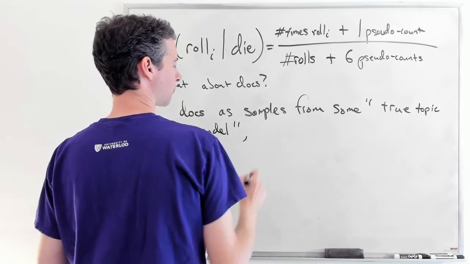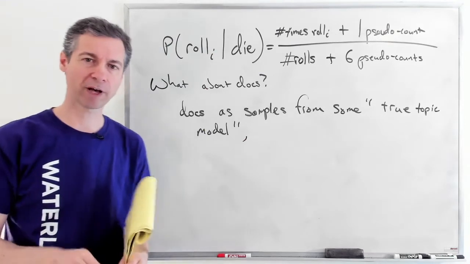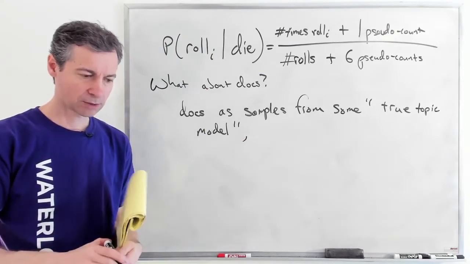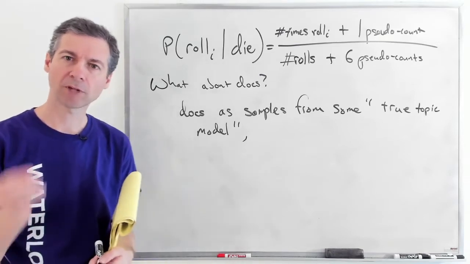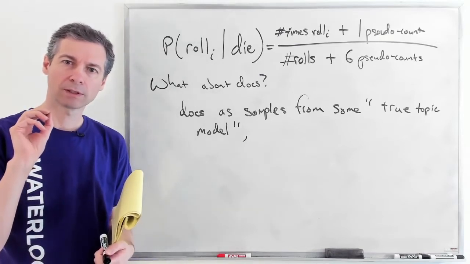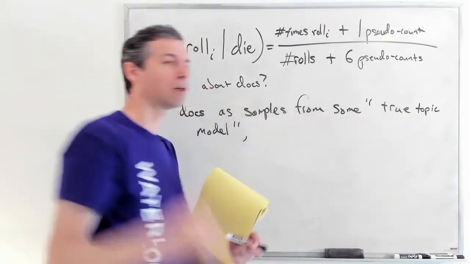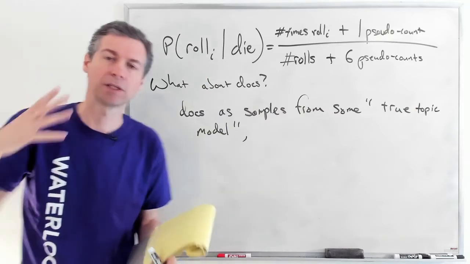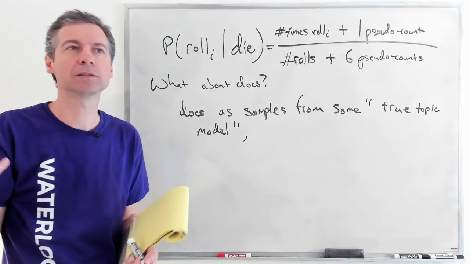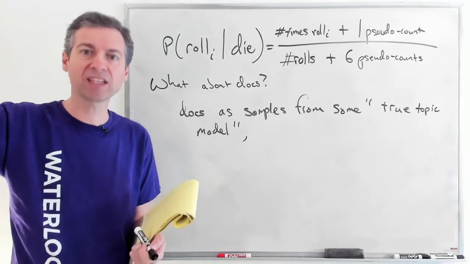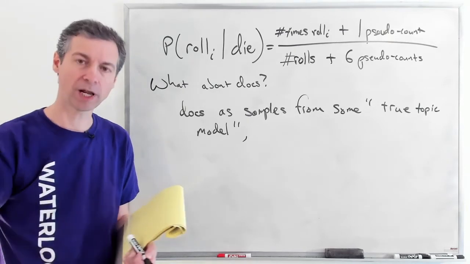What do I mean by this? The way to think about it is that the person who wrote the document had in their mind what we might call a topic model. In fact, they didn't have a topic model. They had the thing that they wanted to communicate, and they wrote it out.